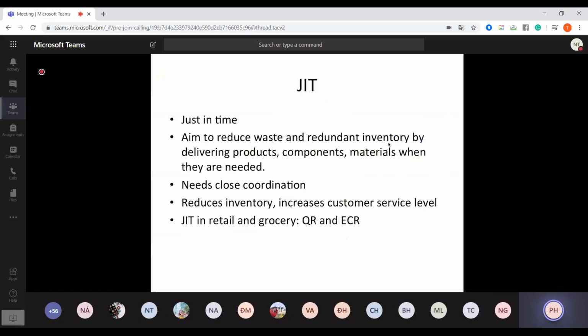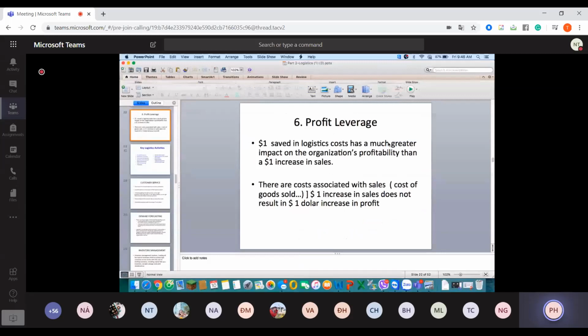Okay, I think that's all for the first chapter. I just wanted to introduce you to some general concepts and ideas related to logistics.